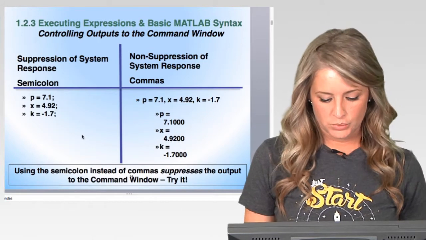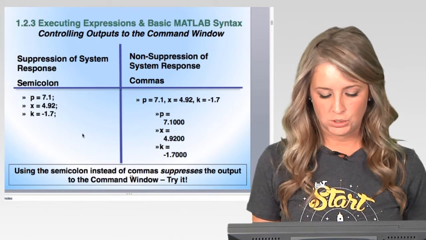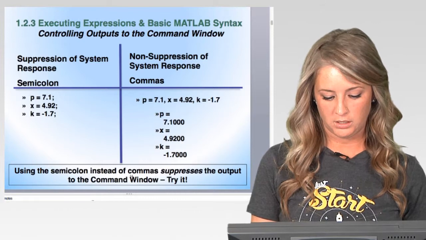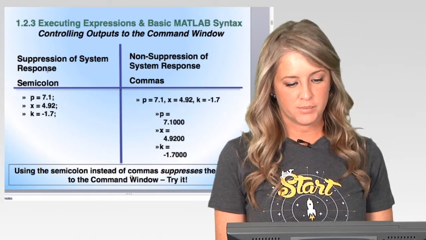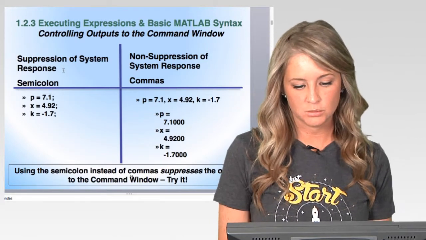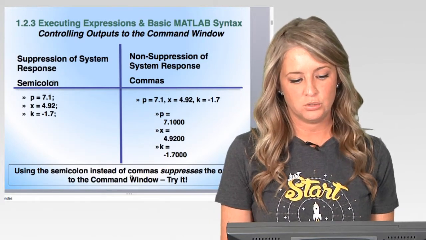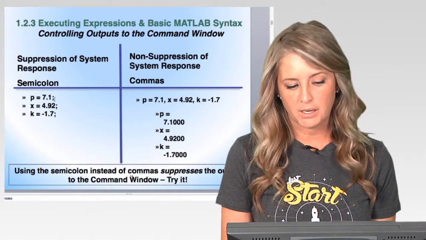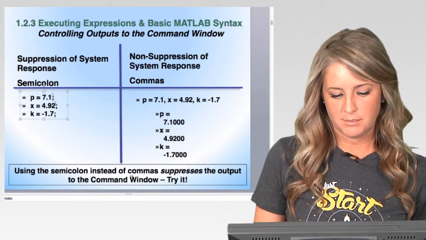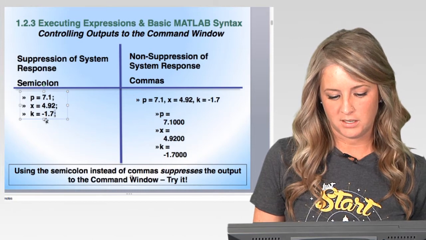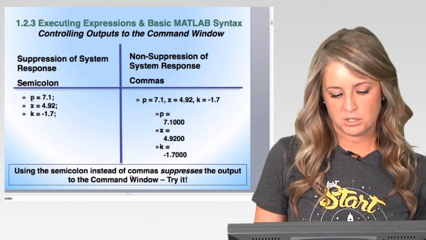Okay, so there's one other kind of notation thing that can be very helpful with the readability of your code. There's something called suppressing the system response, and that is achieved using the semicolon. You'll see here we have p equals 7.1 and then a semicolon, as we do for these x and k expressions.